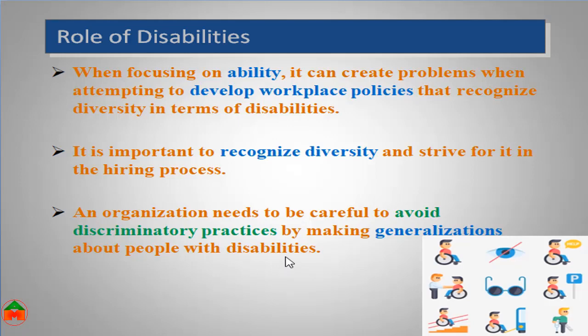That means, as a manager, whenever you are recognizing diversity, you have to be cautious about disabilities, because the policy should be developed to avoid discriminatory practices, and it can be done by developing policies against generalizations about people with disabilities.